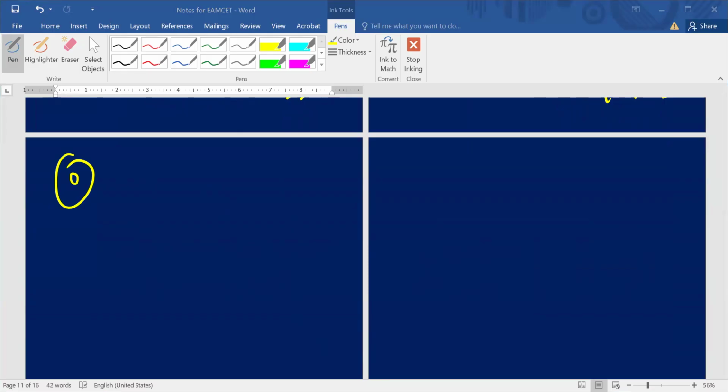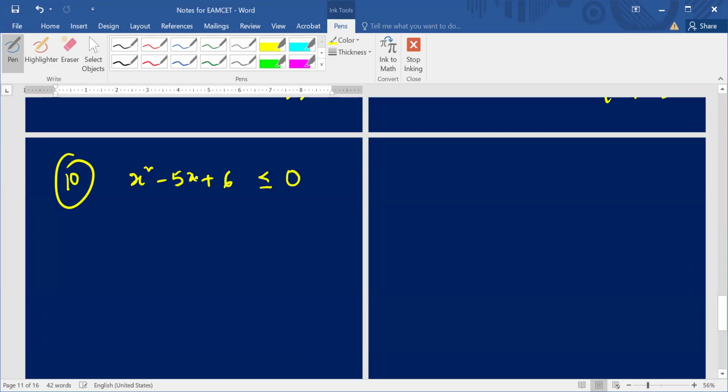Now this is the 10th one. I want to show you one particular thing, the inequality sign. Suppose x square minus 5x plus 6 is given as less than or equal to 0.